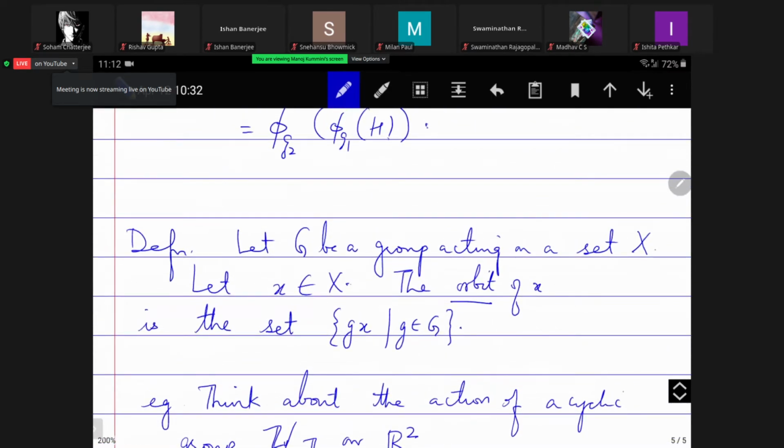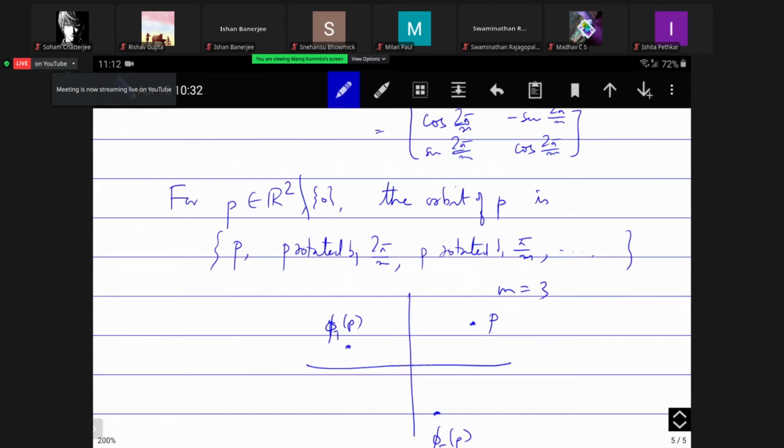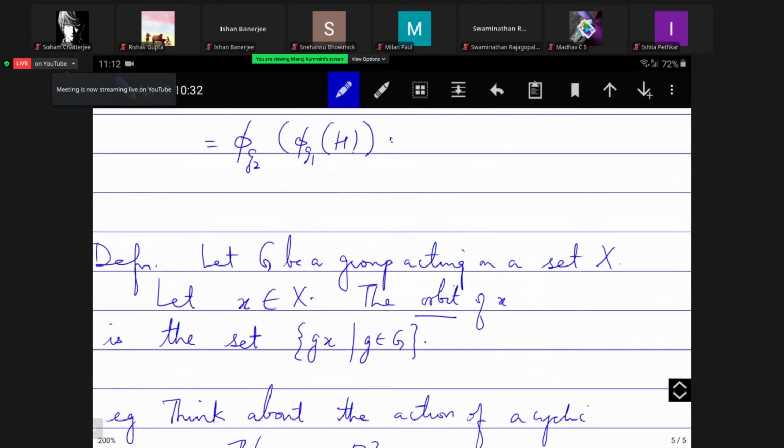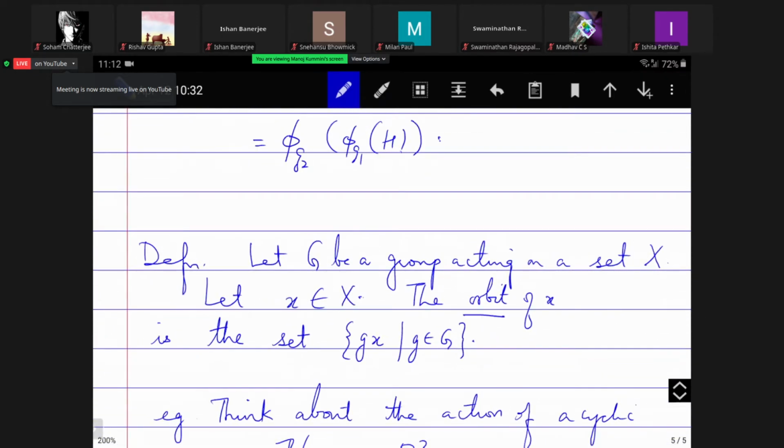But in general, it need not have a nice picture like this. Abstractly, it is just the set of points which x is taken to by this action of G, called the orbit of x.